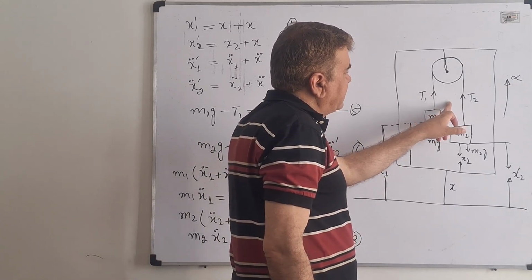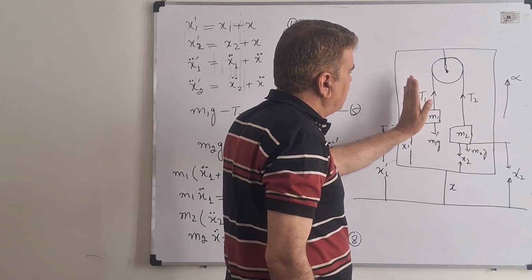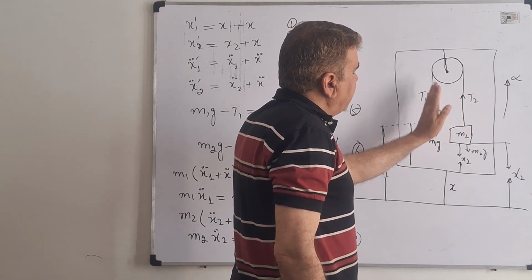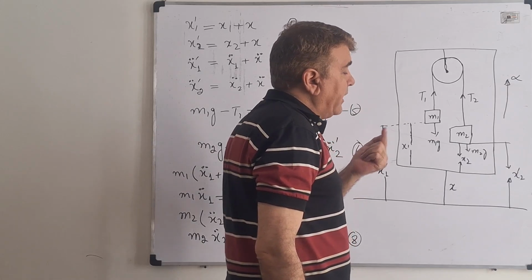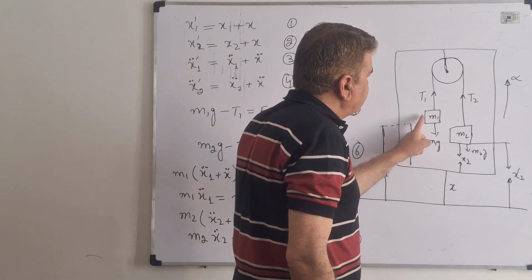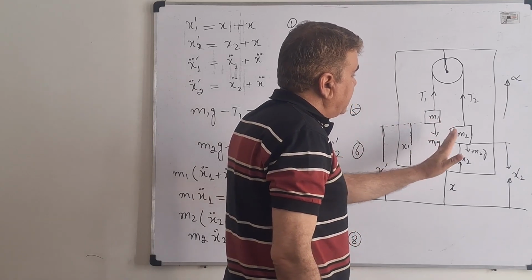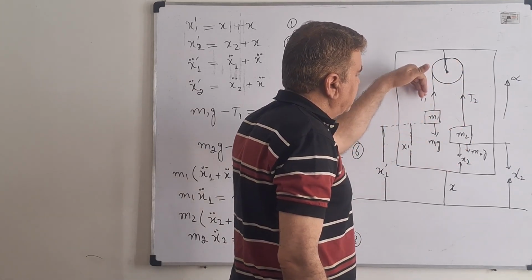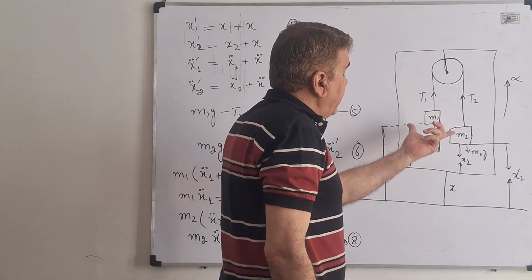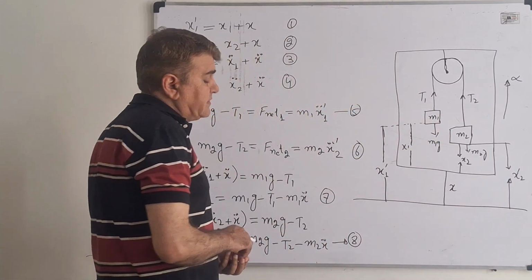When the string is inextensible, the distance covered at this side by mass 2 would be exactly equal to the distance covered at that side, and the accelerations of the two masses must be equal in magnitude but opposite in direction. For example, if this mass is moving upward, then this mass must be moving downward, and similarly the other way around. One is upward and the other is downward.